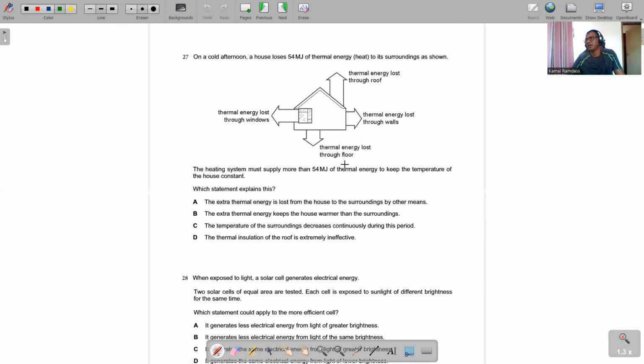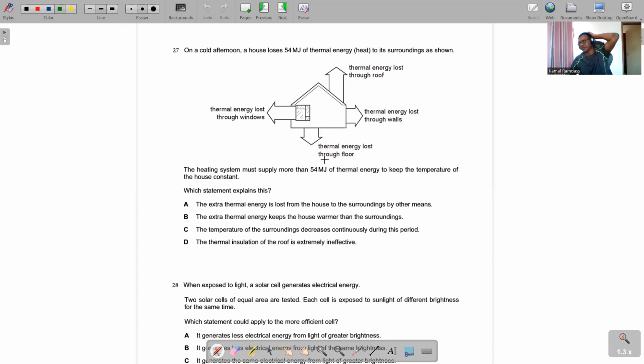Ça, c'est quoi? On a cold afternoon, a house loses 54 megajoules of thermal energy to its surroundings, as shown. Thermal energy lost through roof, through walls, through floor, through windows. The heating system must supply more than this amount of thermal energy to keep the temperature of the house constant. Which statement explains this? Il must apply more. The extra thermal energy is lost from the house to the surroundings by other means.